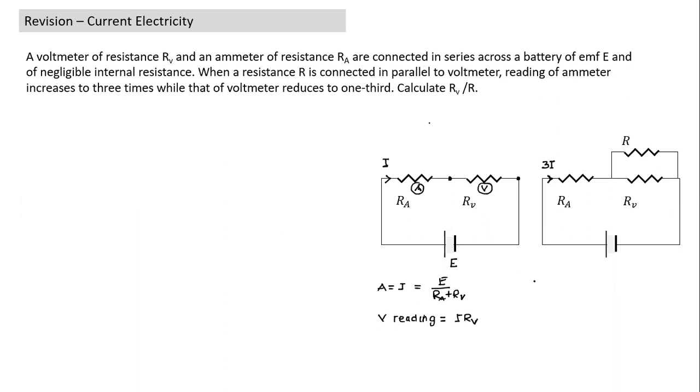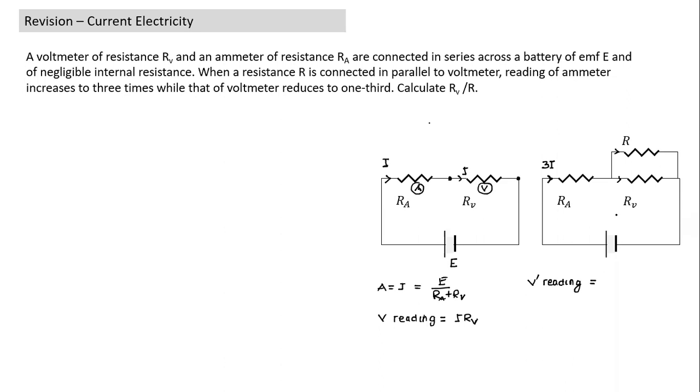Let's see how easily we can solve this question. If this is 3I, part of it will go here, part of it will go here. Earlier, when the current was I, it had a reading of V. Now V dash, the reading of the voltmeter, what is it?